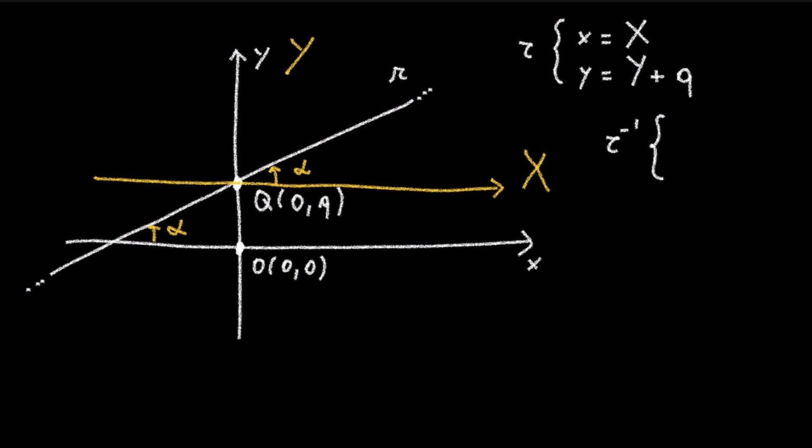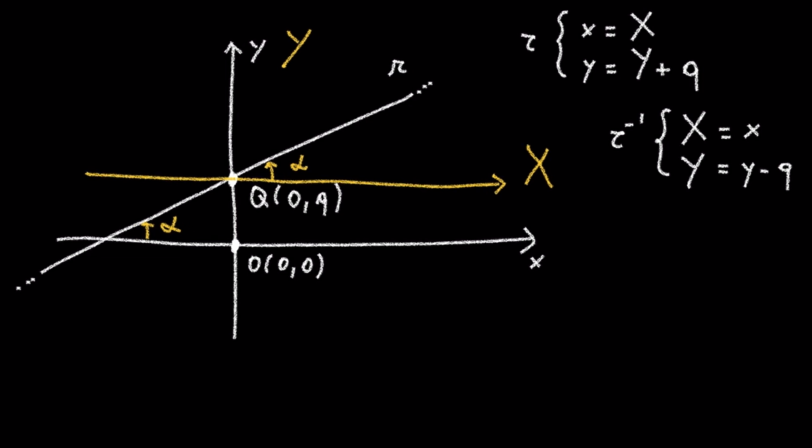So the reverse translation will bring back capital X to x and capital Y to y minus Q.